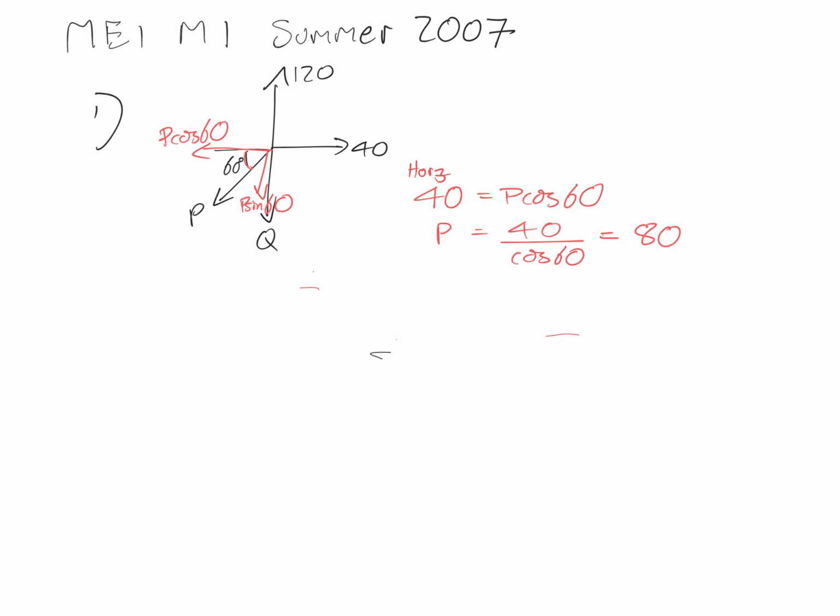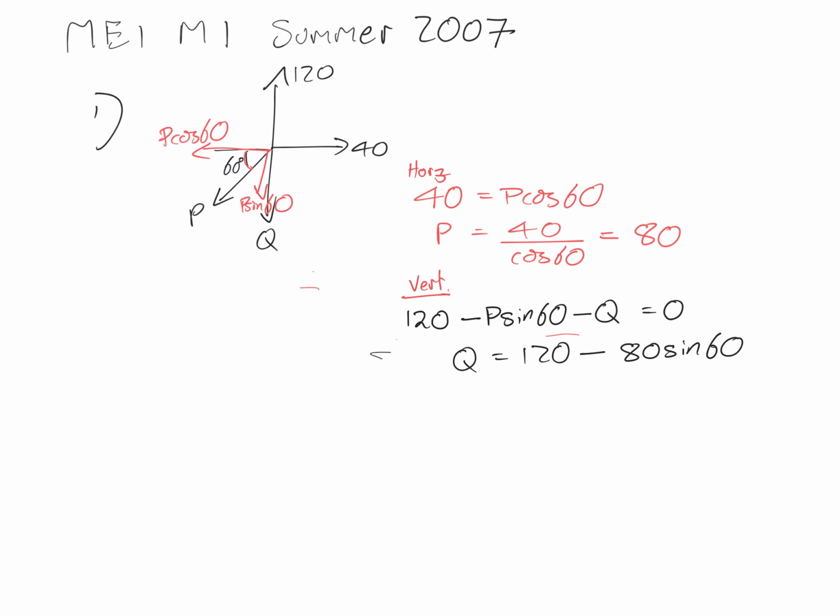horizontally. So if we then consider vertically, I'll do the other one, I'll do F equals MA on this one, so you can see the other way of doing it. So if we say up is positive, 120 minus P sine 60 minus Q equals 0. So Q is 120 minus 80 sine 60, just rearranging that.